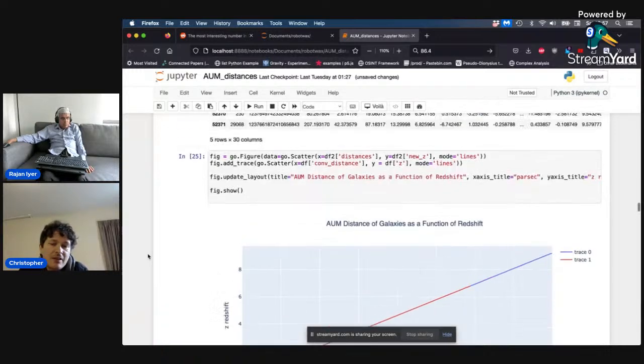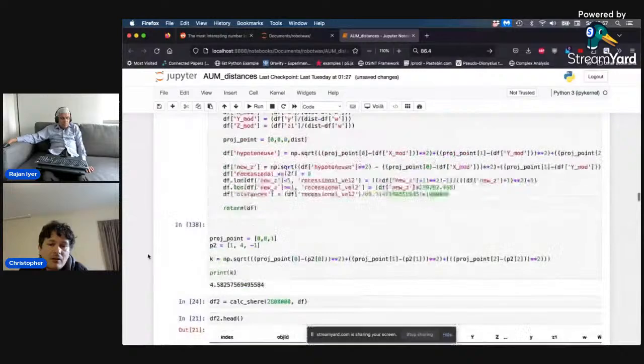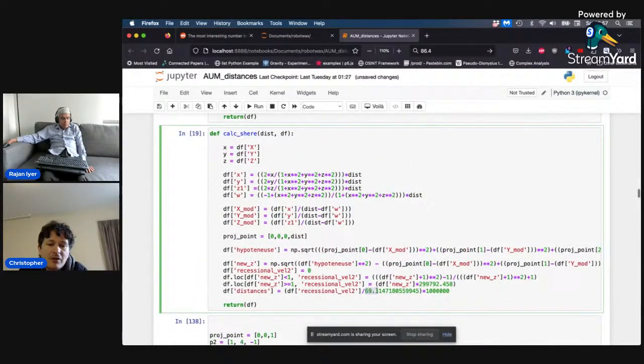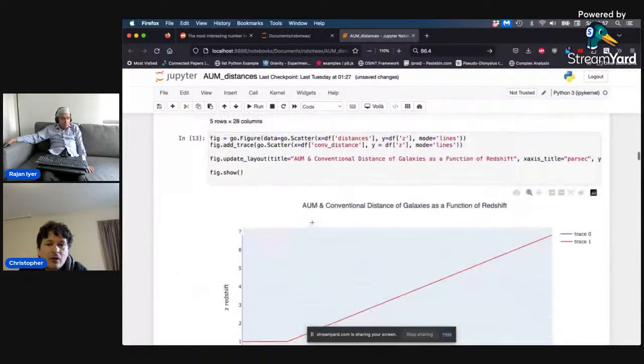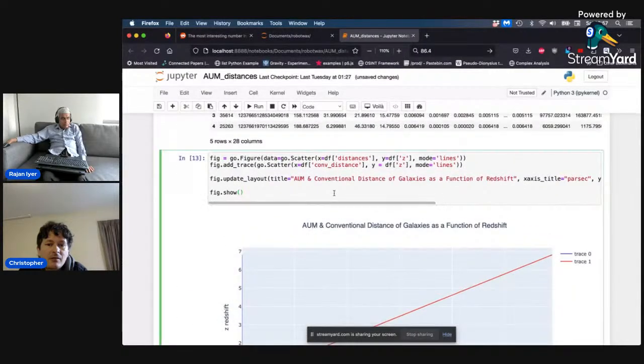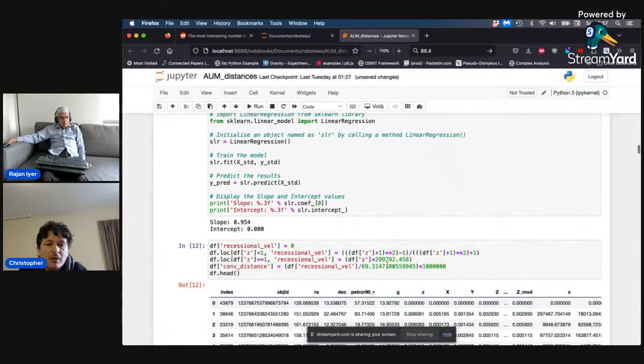And the reason for this is pretty obvious. It's because we've used this natural logarithm of 2 for the slope for the projected galaxies, and we've also used it for the conventional distances here.